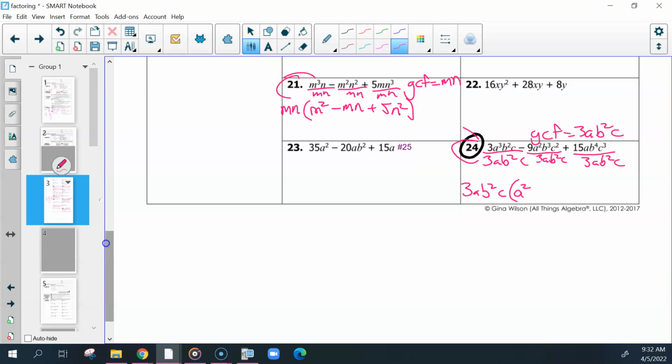A squared minus 3 square C squared. Now that really looks like we should factor it more, but there's nothing else we can do with that.